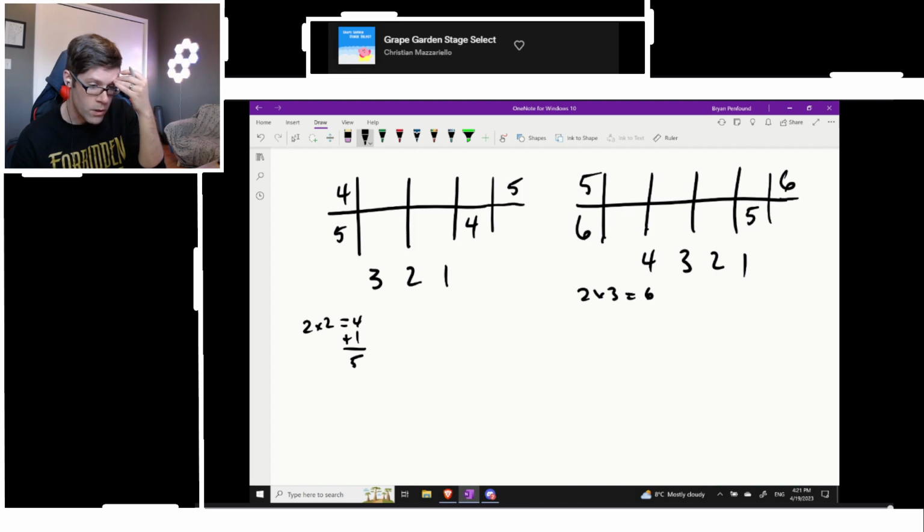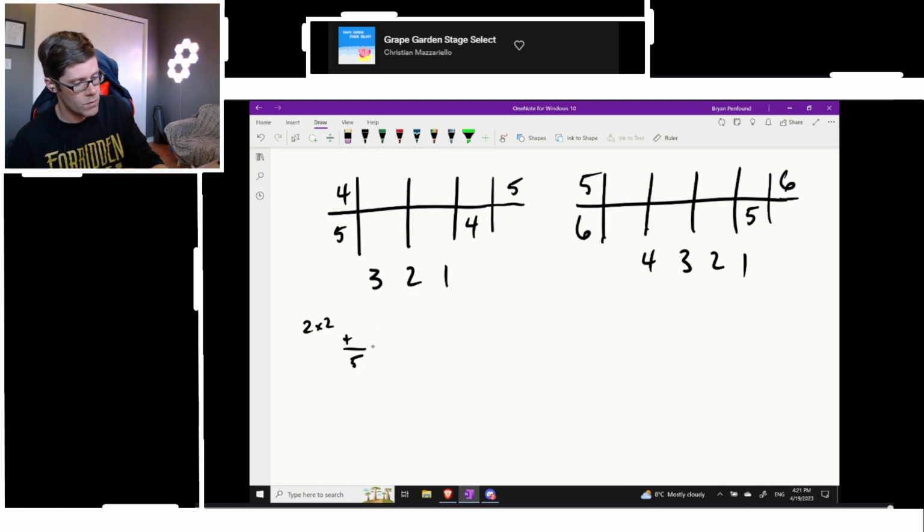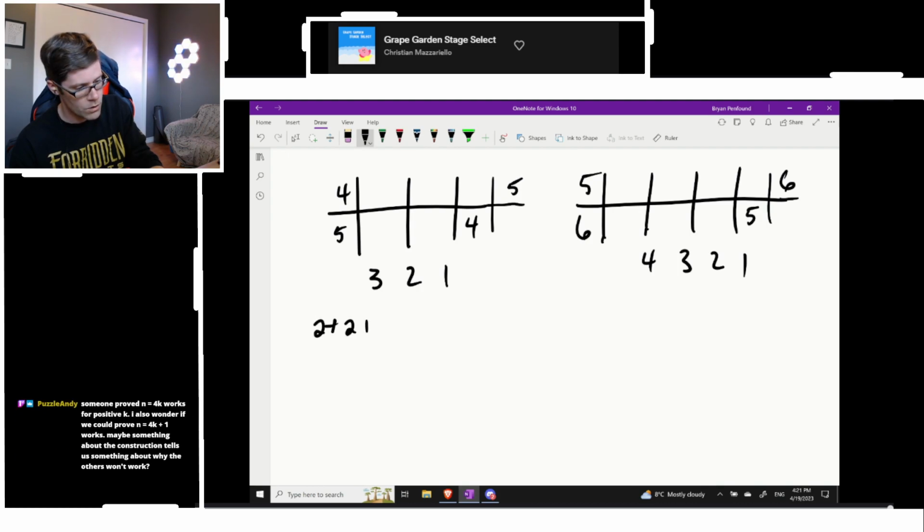Oh, I see. There's 1, 2, 3 ways, and for each one of these that I... Okay, so multiplication is not the easiest way to do this. We need 2 plus 2 plus 1.